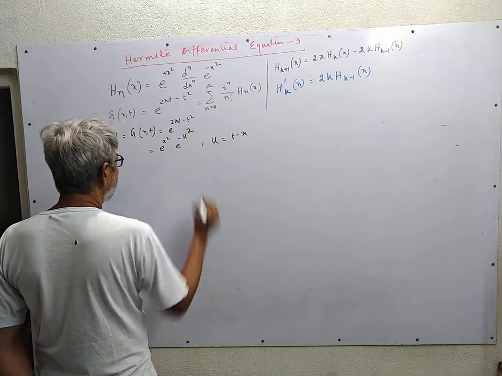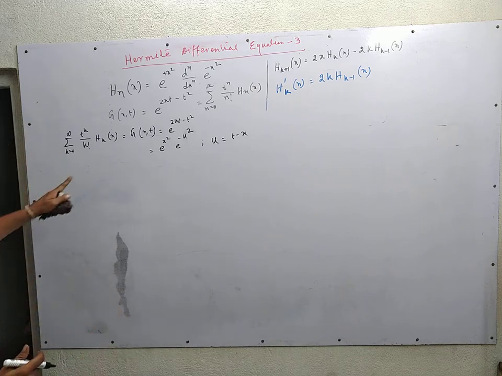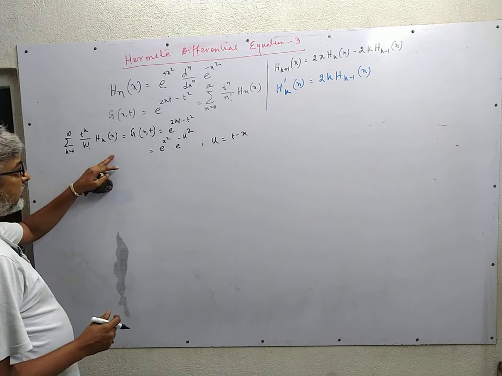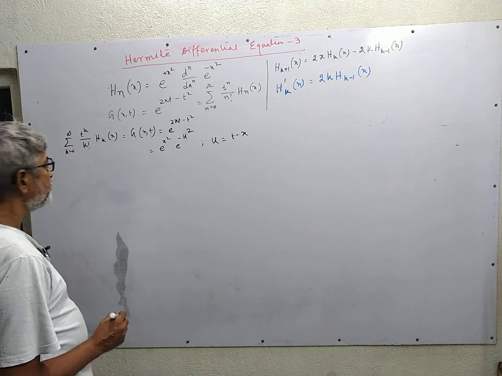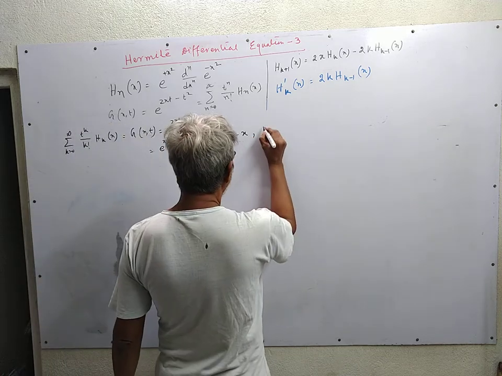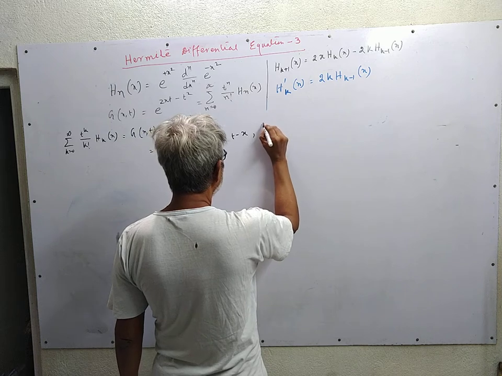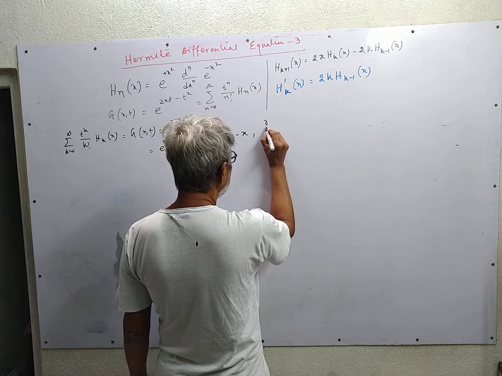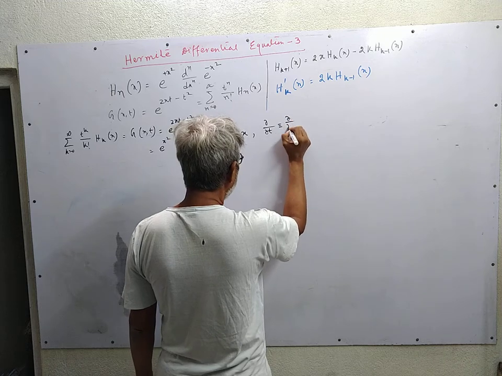This is simple manipulation. We differentiate this relation successively with respect to t. Now del del t is equivalent to del del u.